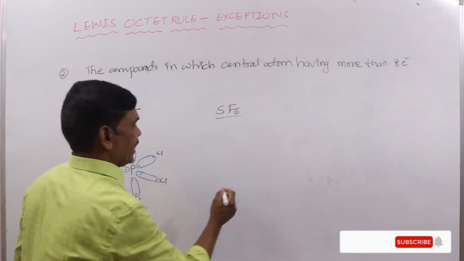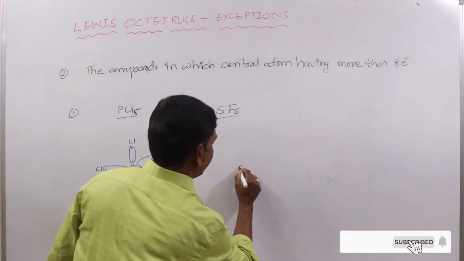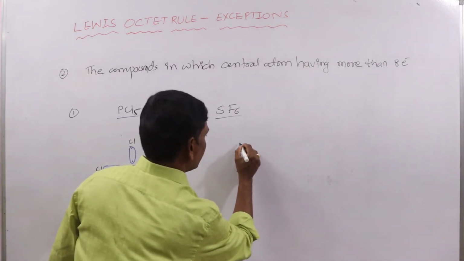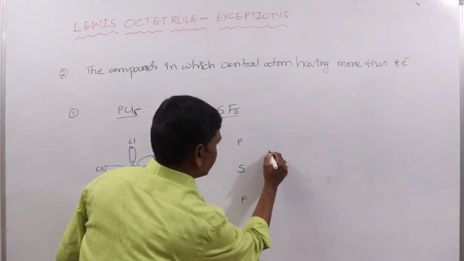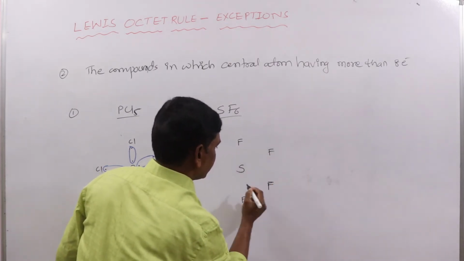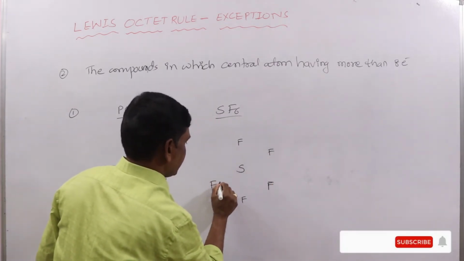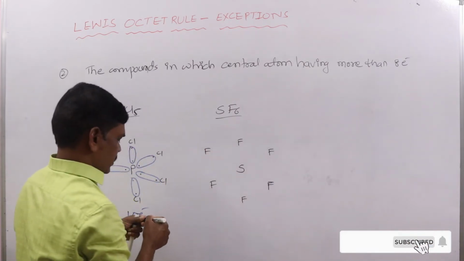The second example is SF6, sulfur hexafluoride. Now the structure of sulfur hexafluoride: fluorine, and fluorine.